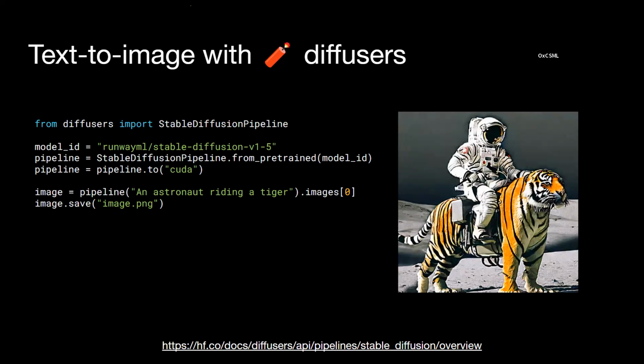Then we do the device placement, and then we call it on a prompt. Since I care about code cleanliness and indentation, I formatted my code like this, but if you are clever, probably you could express it in 2 lines. So yeah, I mean, we do not even need the safety checker if you do not want it. So yeah, about 5 lines of code, and that's all you need to get from a natural language prompt to a realistic looking image.